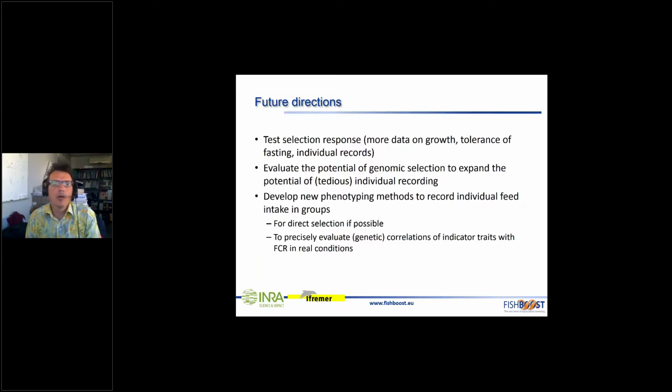However, our colleagues who work in nutrition at the INRA in Saint-Pé-sur-Nivelle say that when using isogenic lines which have high variation in feed intake and feed efficiency, the variation of digestibility, as far as I know, is very little.